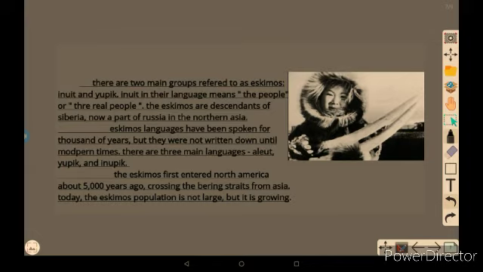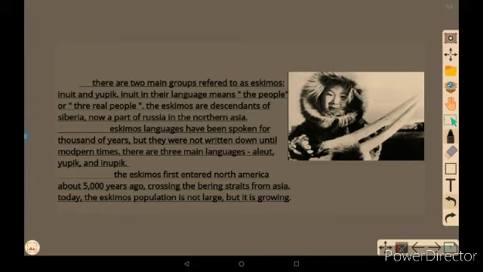The one group kept the name Inuit and the other Yupik. The word Inuit means the people or the real people, just like the word Eskimo means snowshoe netter. It means they belong to this place, they belong to that place. So that is the real people, or the people.